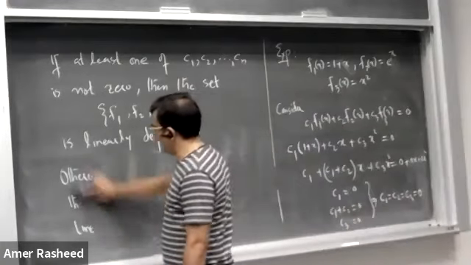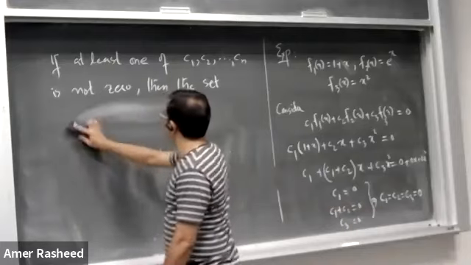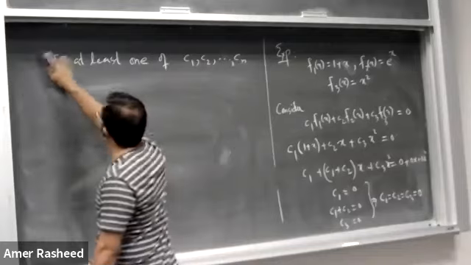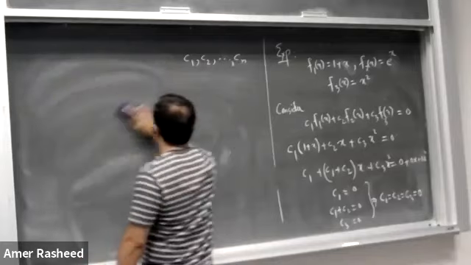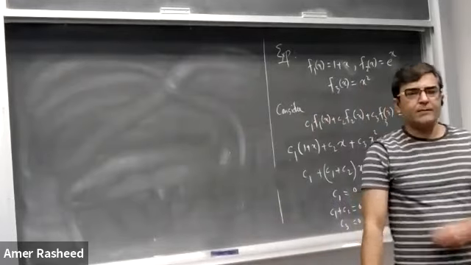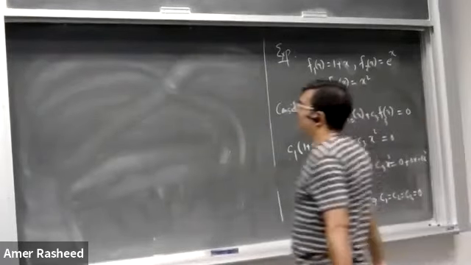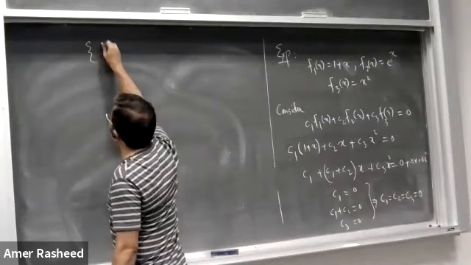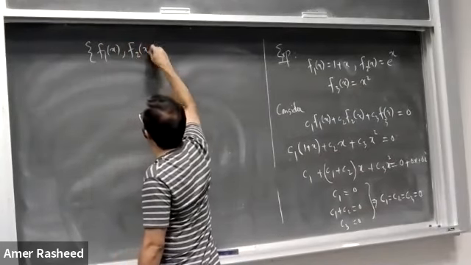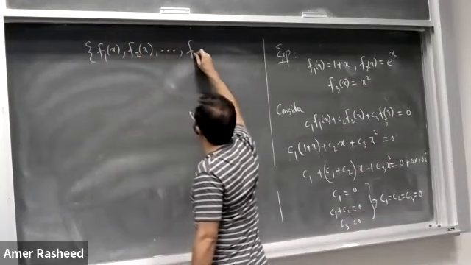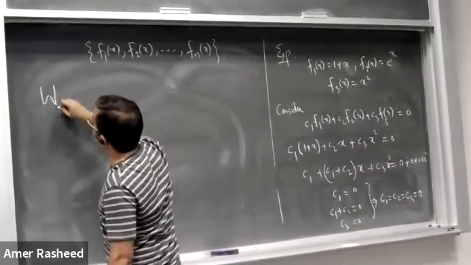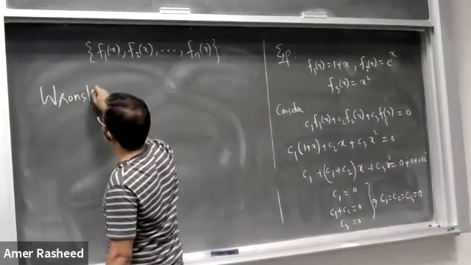Wronskian gave this method which helps us to easily know whether the given set is linearly independent or not. So if the set of n functions is given, f1 of x, f2 of x, and so on, fn of x, then how do we compute the Wronskian?